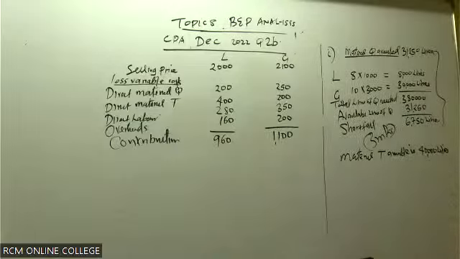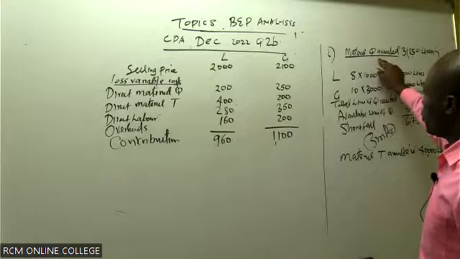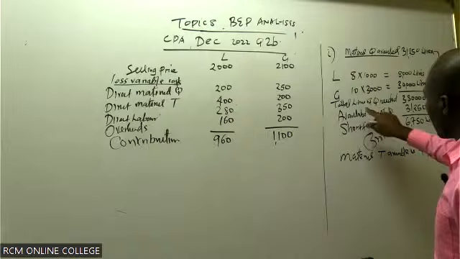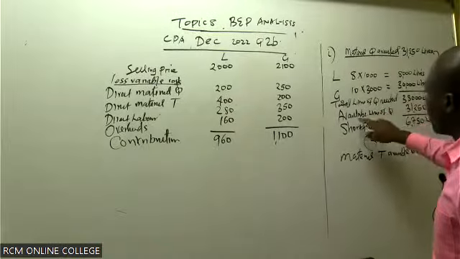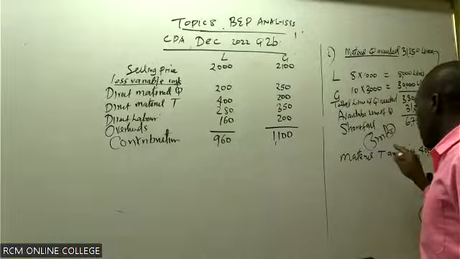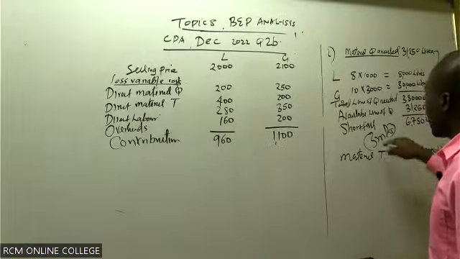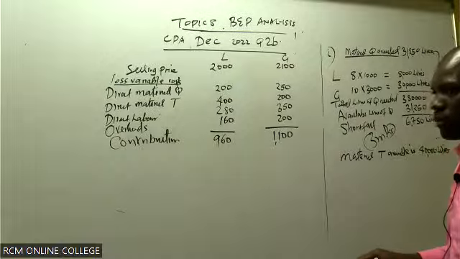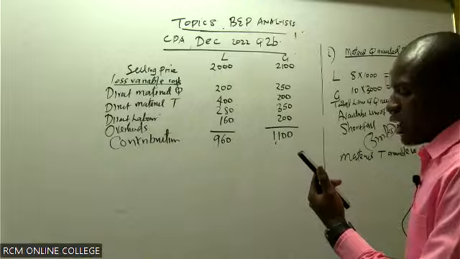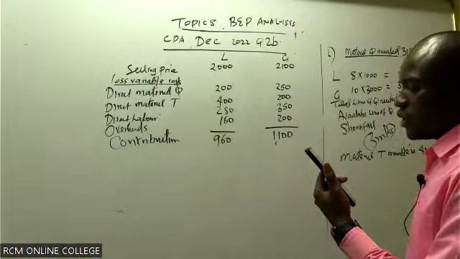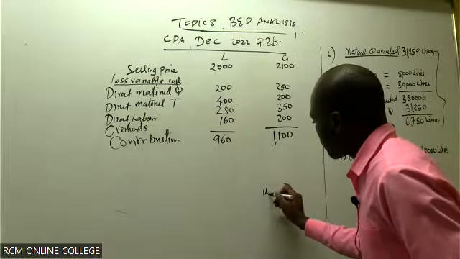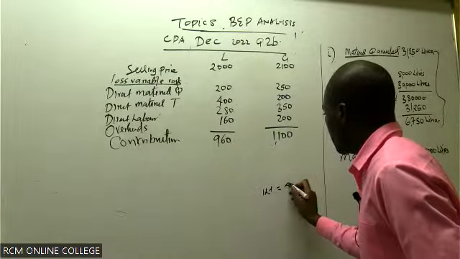So how do we identify that? You go to this material Q, you look at the market demand, you calculate everything and see if whatever they need is more than whatever they have. Let's come to material T and also get to understand, is it a limiting factor or not? Now, if you look at that question, we are given that the cost per direct material T is 40 shillings per liter. 1 liter is equal to 40 shillings.